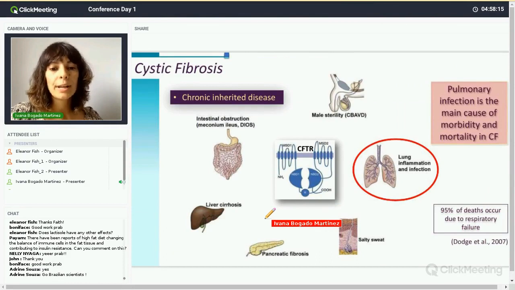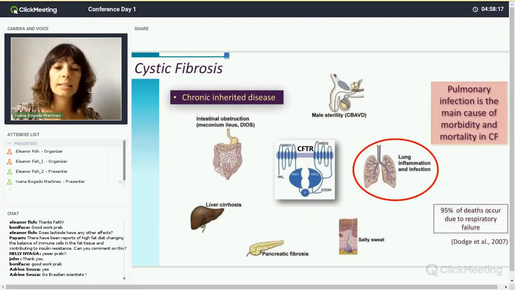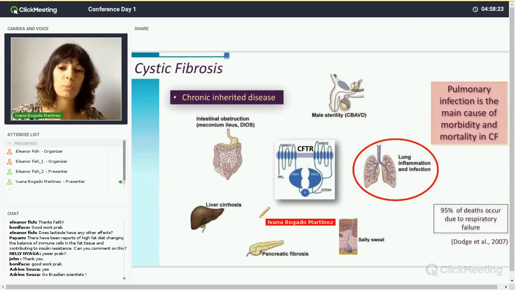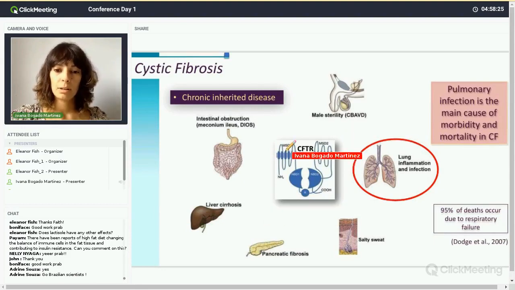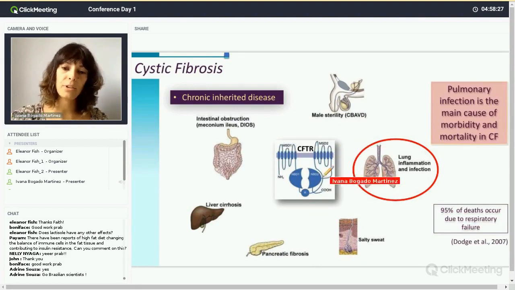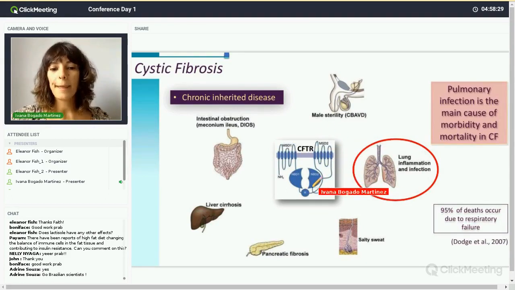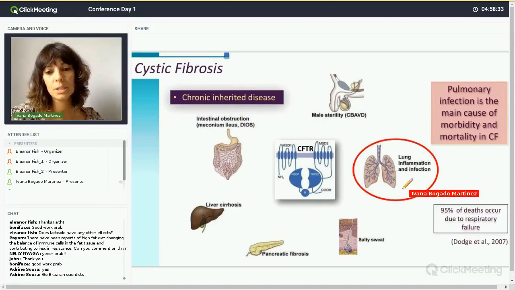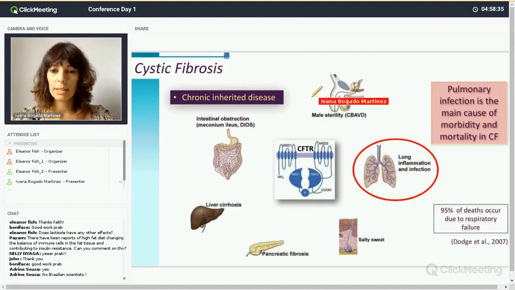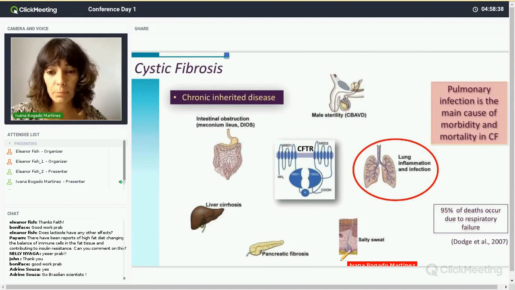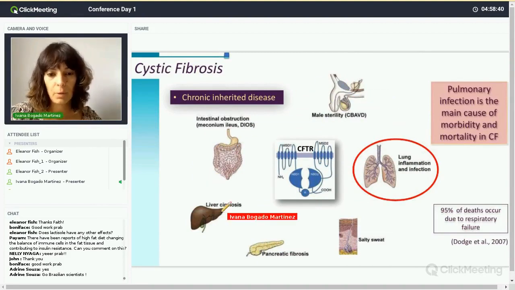This is a chronic inherited disease, associated with the cystic fibrosis transmembrane chloride channel that's located in the surface of the cells, and the clinical manifestations associated with this channel can be seen in different parts of our body.